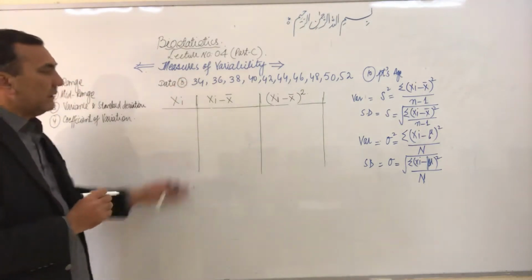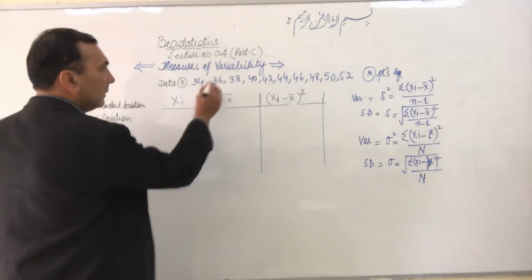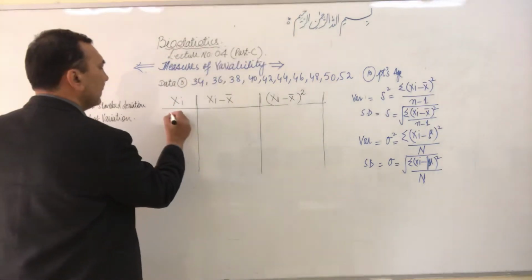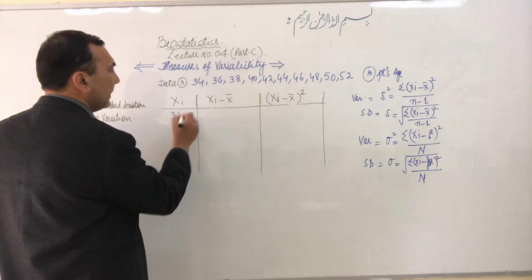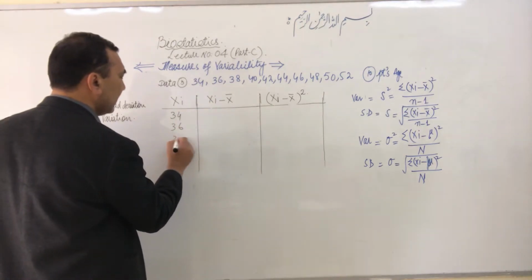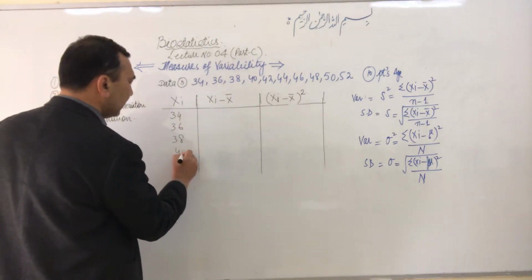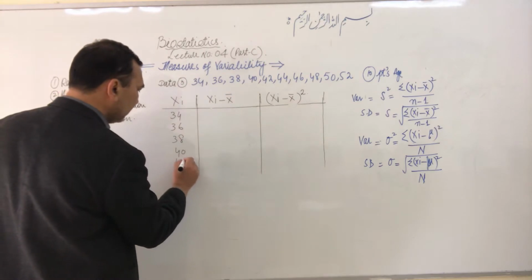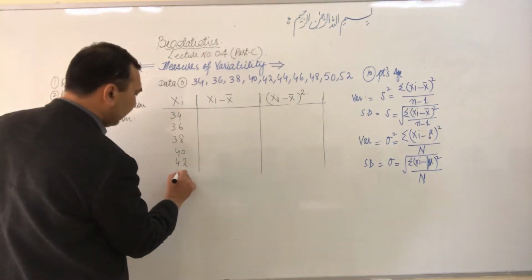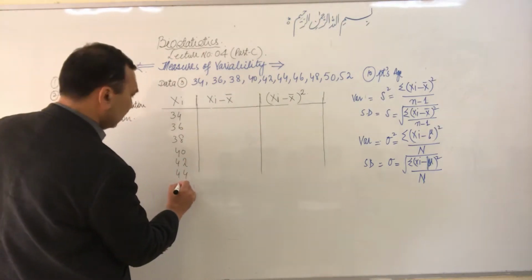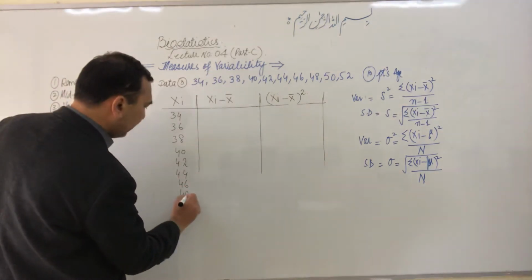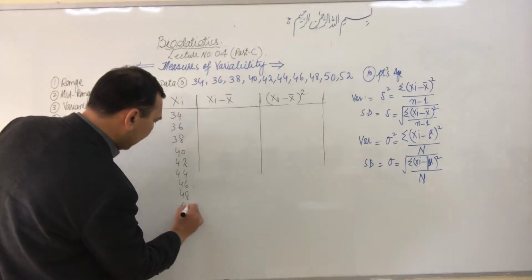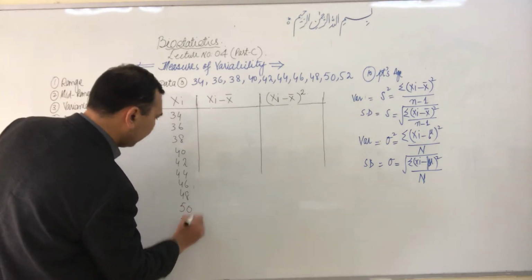In xi we write down the data set. The first, x1, is 34 and the second one is 36, 38, 40, 42, 44, 46, 48, 50 and 52.